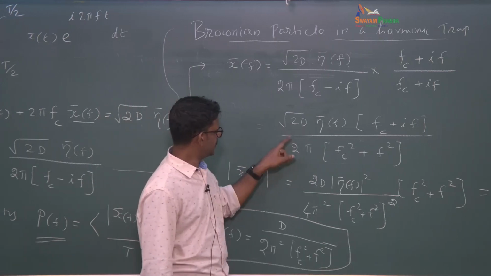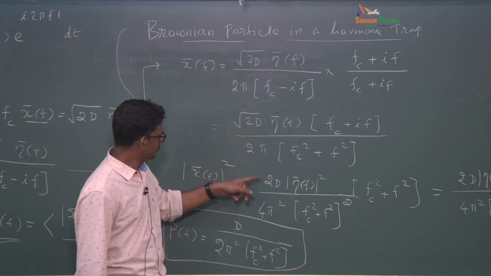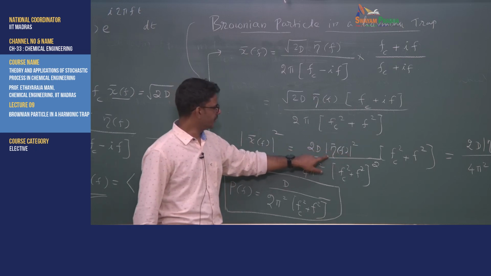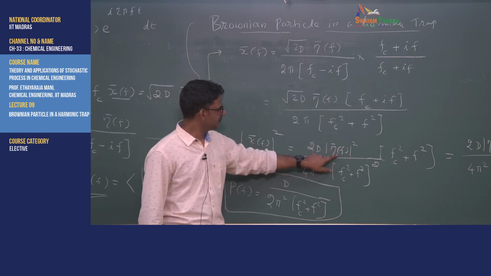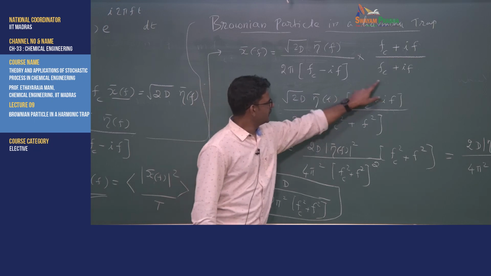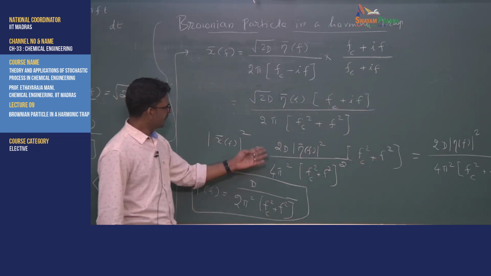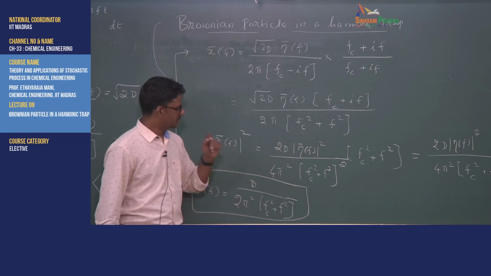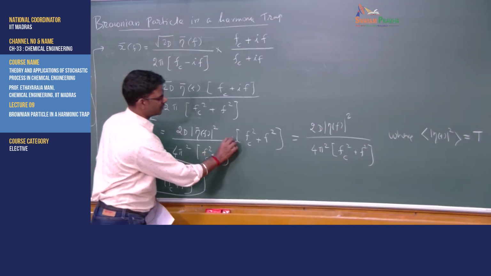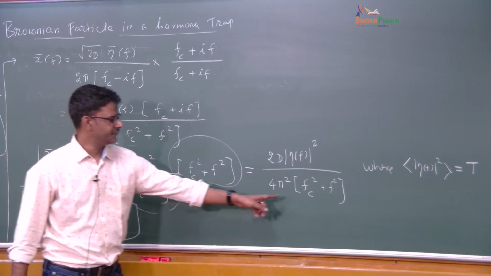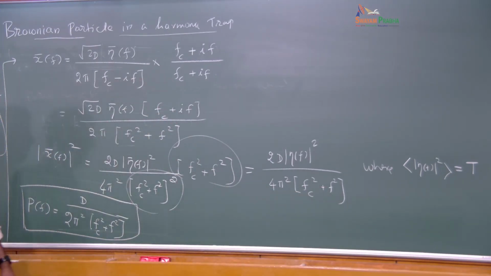So when you do that, you will get 2D for this, and this would be the modulus square of the Fourier component of the normal random variate, and the modulus square of this would be fc square plus f square. The denominator you are basically simply squaring. So in this case you see that there is one term here and the square of this term here, so you will have only fc square plus f square here, and then the remaining terms remain as such.